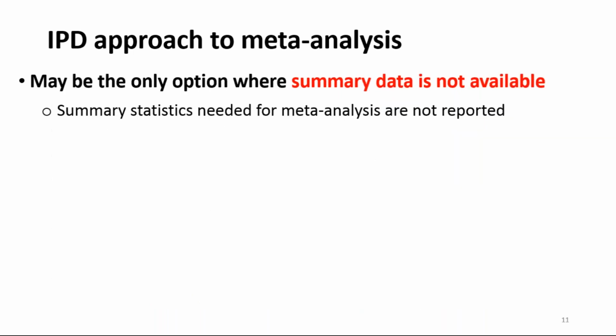So in addition to all of these advantages, actually an IPD approach may be the only option where the summary level aggregate data that is needed, so the summary statistics needed to go into a meta-analysis, are simply not reported in the published literature.